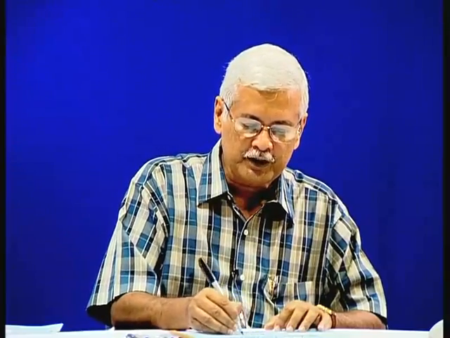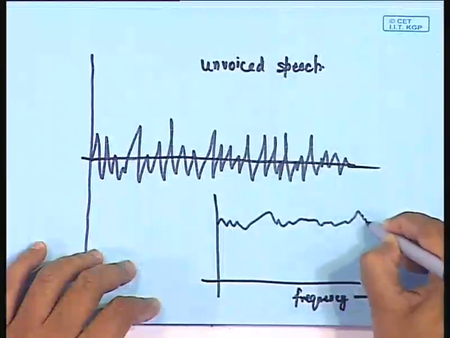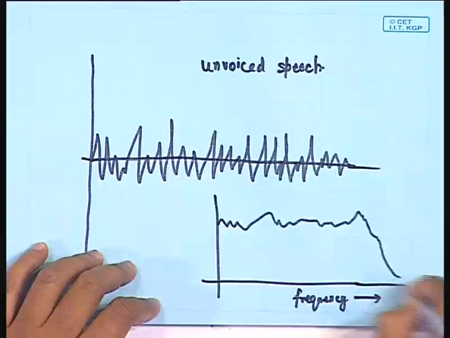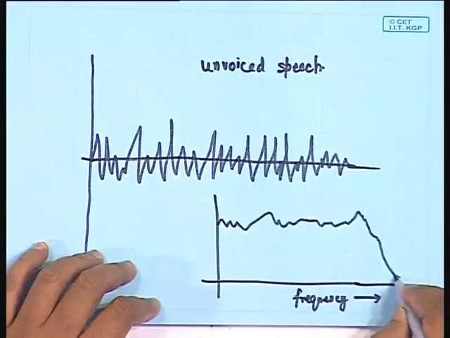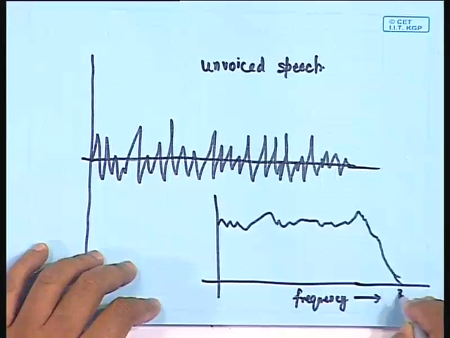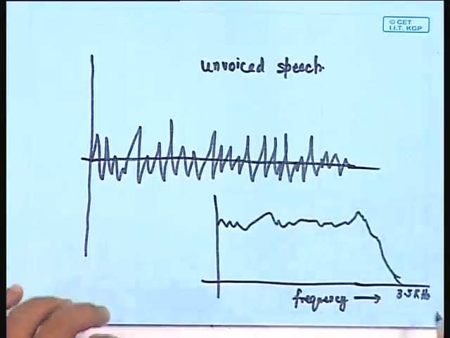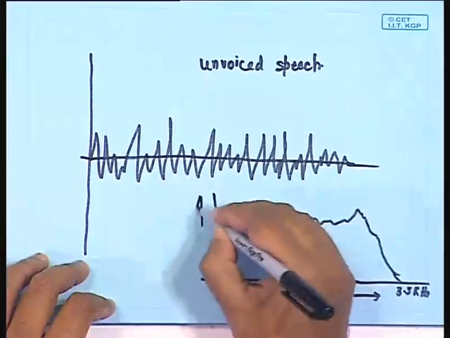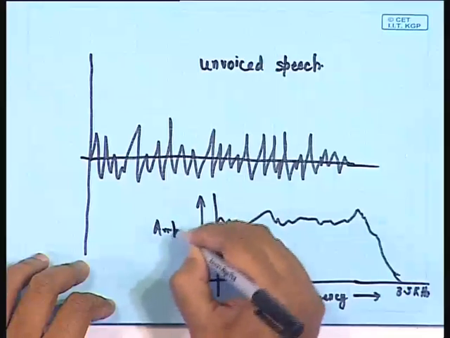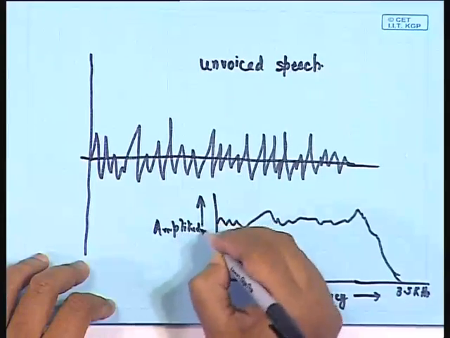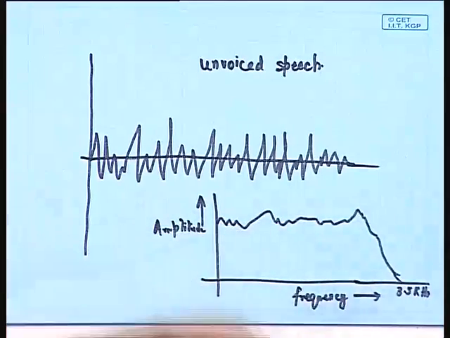It is just a result of the constrictions which produce noise like disturbances. So, because it is a noise like thing, you will observe more of a flat spectrum. There will be some variations, but if this is at say 3.5 kilohertz, in between you will have some kind of a flat spectrum, and if this is the amplitude, no such definite peaks would be observed.